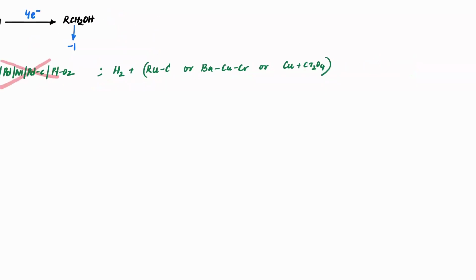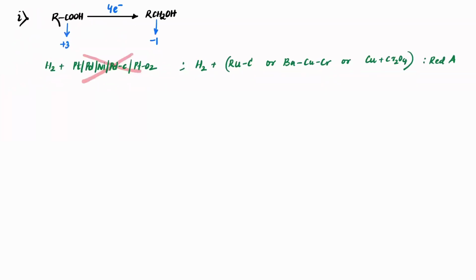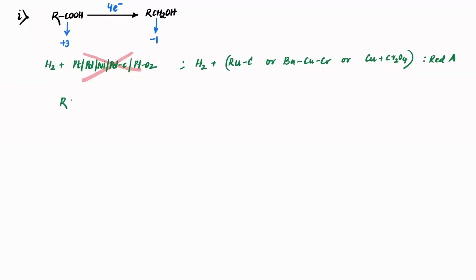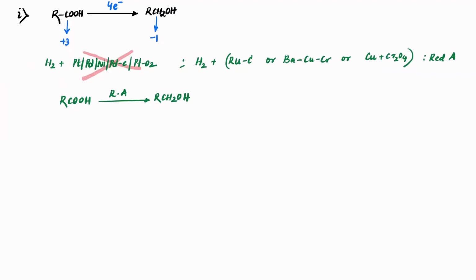So if these are the reducing agents, in such a case acids RCOOH with these reducing agents can be converted into RCH2OH. Okay, this is the first set, correct?